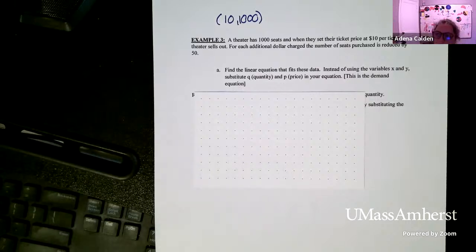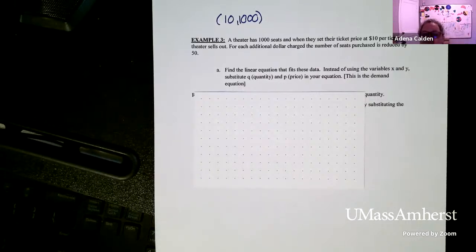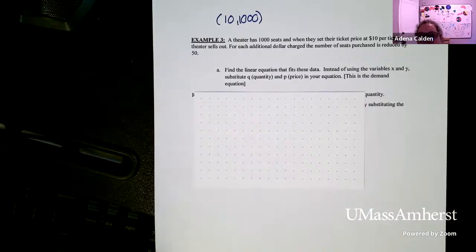I'm going to give you 2 minutes to do this first part, to set up the linear equation, and then convert your x's and y's into your q and p. And then we will go through this part together, and then we'll move on to the other parts.